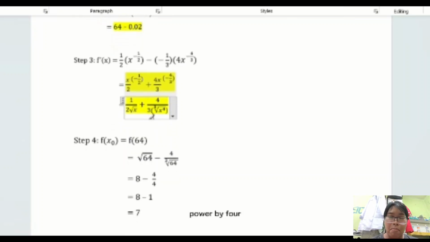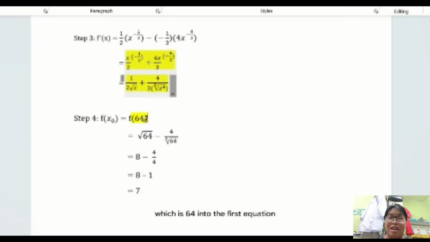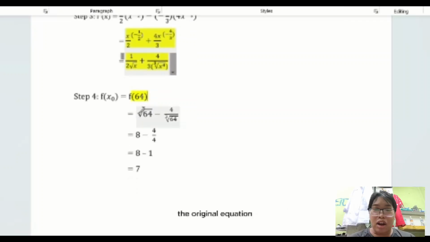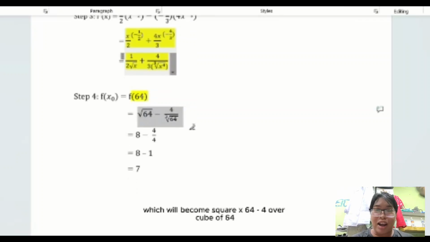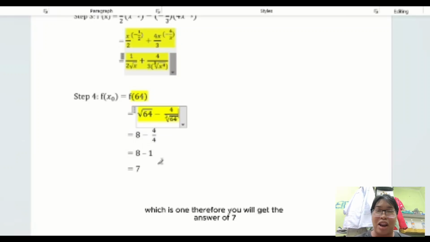Then we substitute the original x0, which is 64, into the original equation, which becomes square root of 64 minus 4 over cube root of 64, which is 8 minus 4 over 4, which is 1. Therefore, you get the answer of 7.